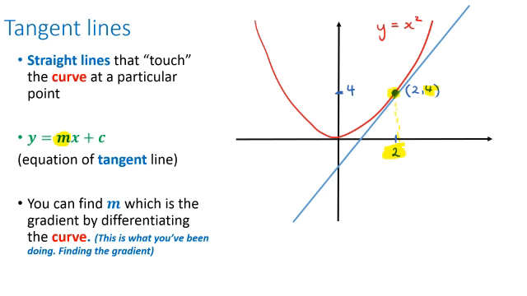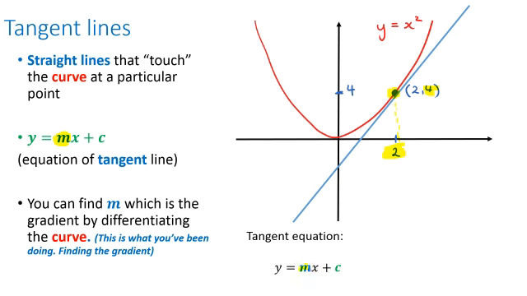When you're differentiating, you're finding how steep, or the gradient of this line. What is this line? This line is your tangent line. It's your tangent equation. It has y equals mx plus c. In order to find out the equation of this, you can find out m. Okay, you can find out m just by differentiating.